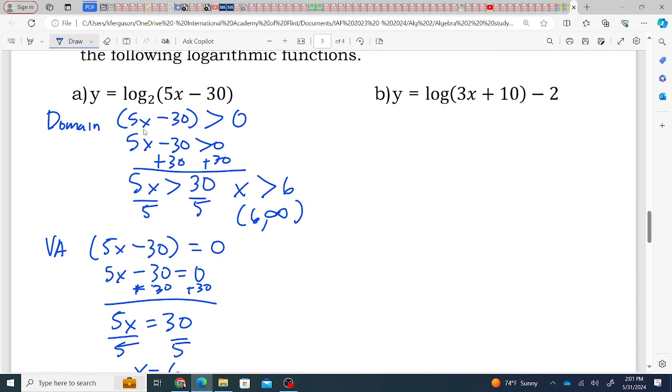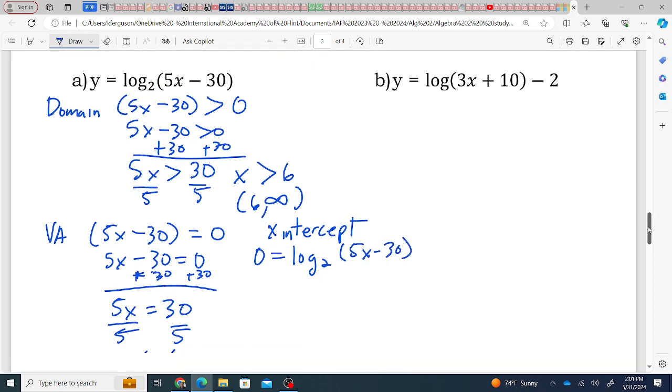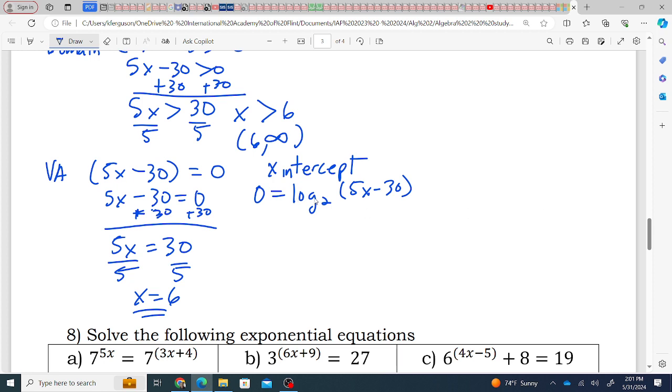And then finally, I'm going to do my x-intercept. And I do my x-intercept by taking my original equation and substituting 0 for y. And now I want to solve this. Well, my base for my log is 2. So if I exponentiate, I get rid of the log.